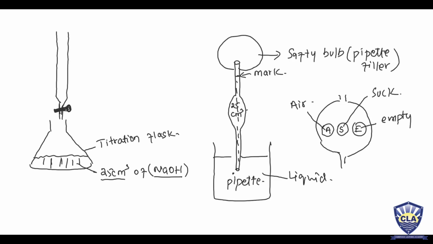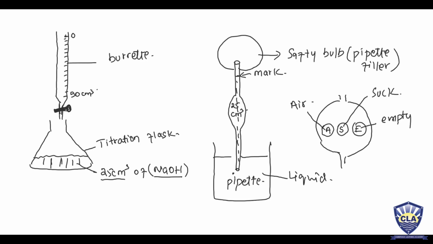This is a lock, and it has got many marks on it. So this instrument is called the burette. In that burette, it is going to start from 0. 0 is present at the top and it is going to end at 50. So 50 is present at the base.